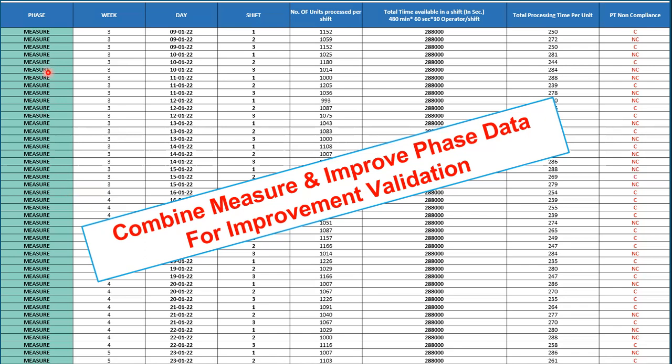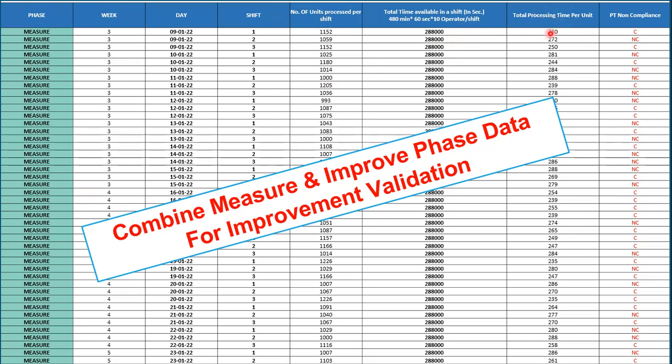Here, please do remember, we have phase, week, day, shift, number of units processed per shift, then total time available, that is 480 minutes into 60 seconds and 10 operators per shift. So this is 2,88,000 seconds available.